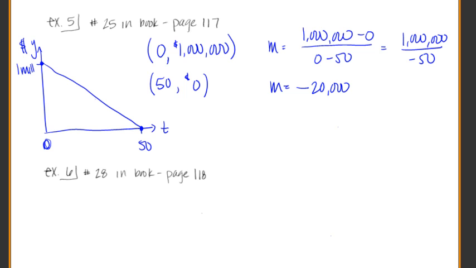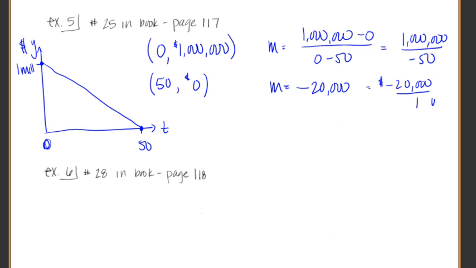If I asked you to write this as a fraction, you would say negative 20,000 over 1. Remember, the top number is the change in your y's, and the y-axis represents dollars. The bottom is the change in the x's, your horizontal, which in this case is time in years.